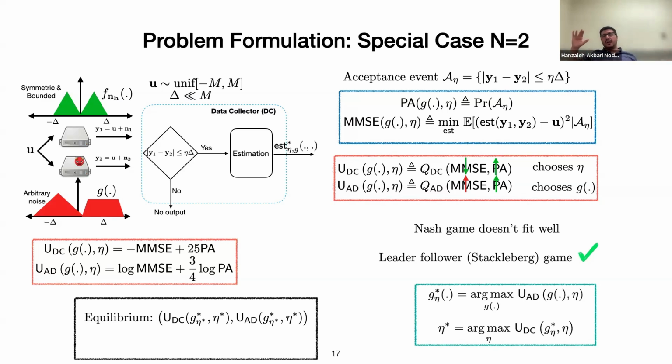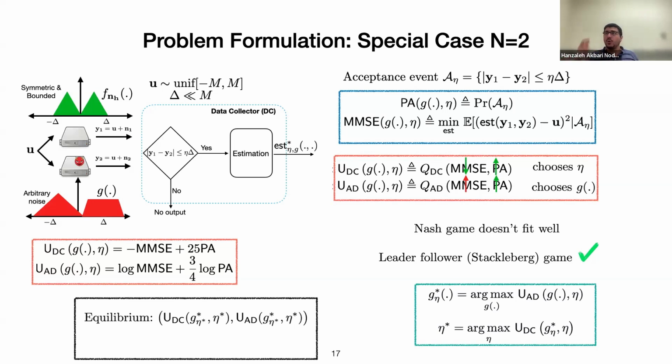As I've told you, Nash game doesn't fit well here. We have a leader-follower, or Stackelberg, game, and the data collector commits to some value of eta. In response to the committed value, the adversary chooses a noise, which is G star of eta. Because the adversary is rational, it chooses this noise distribution in a way that maximizes its utility function, okay?